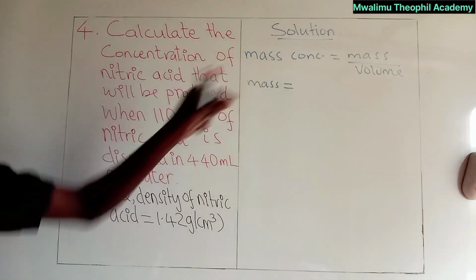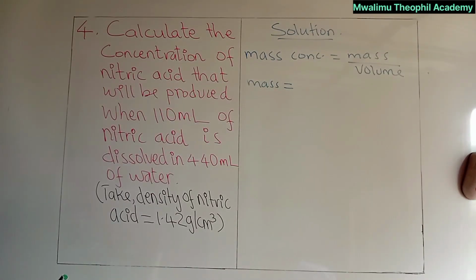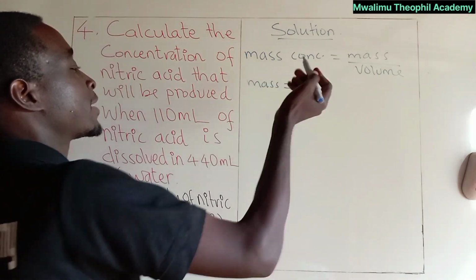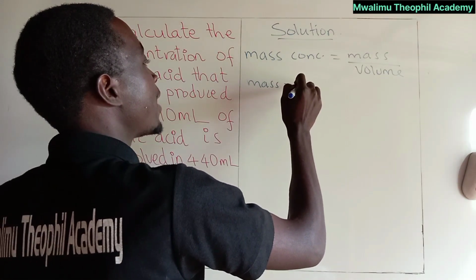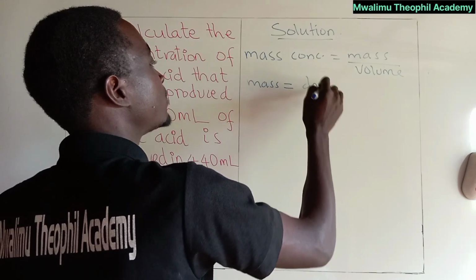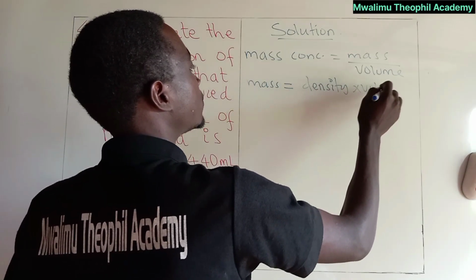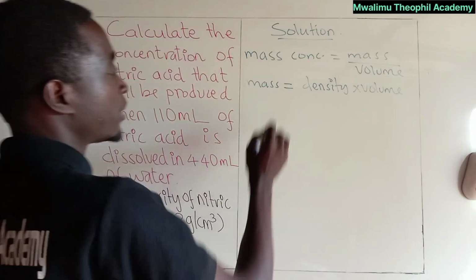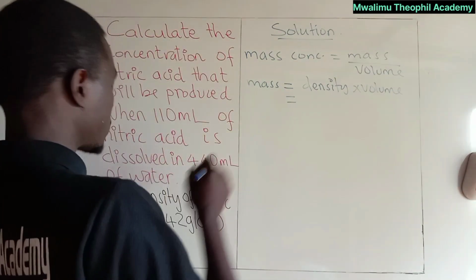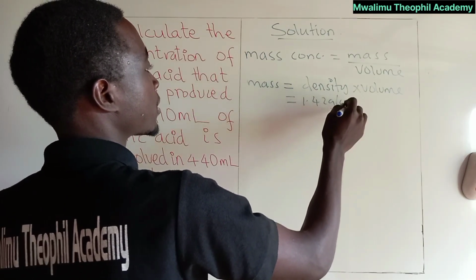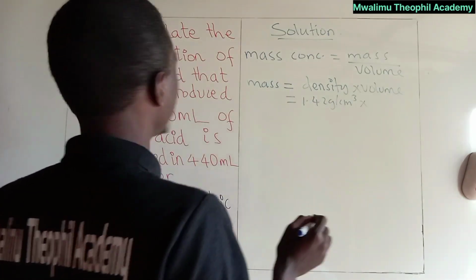Now, how do we get mass? We know from the ratio of mass over volume, which is equal to the density, that mass is equal to the density times the volume. Density times the volume. Now, this will be equal to the given density, 1.42 gram per centimeter cubed, times the volume.